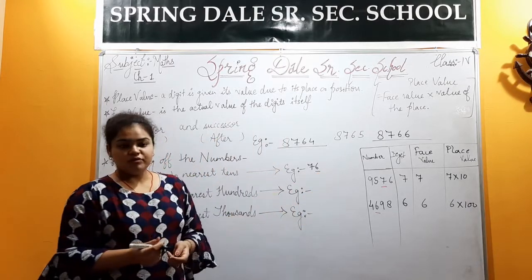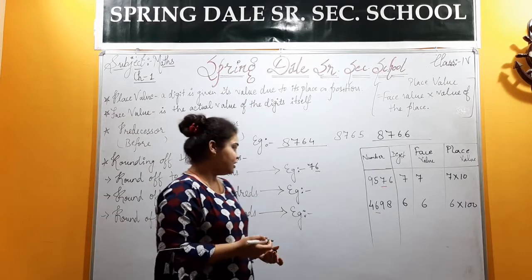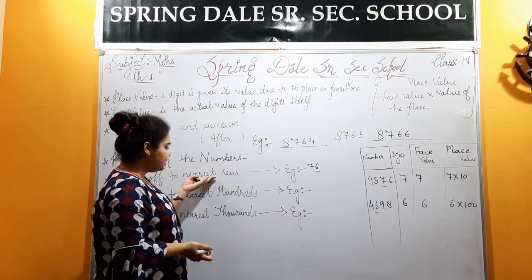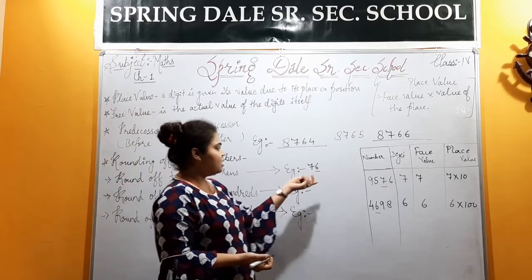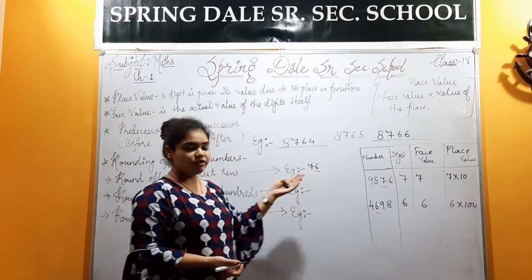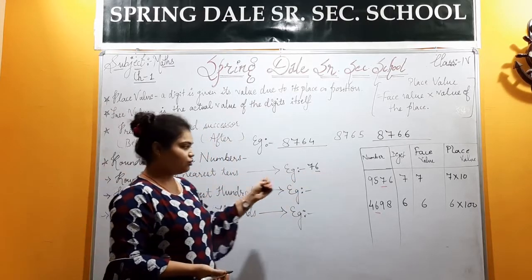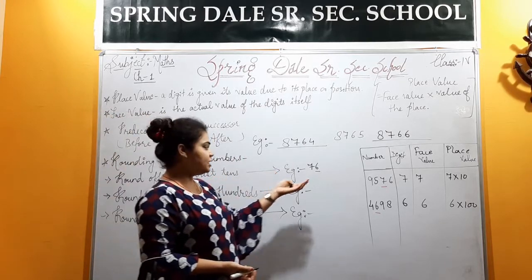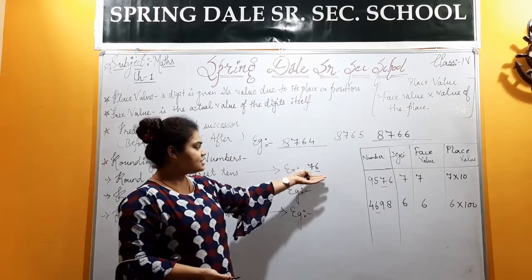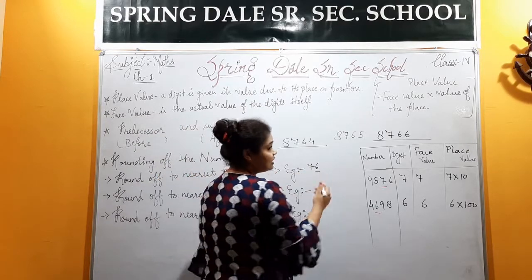For rounding off, what we have to keep in mind is that whether we round off to the tens, hundreds or thousands, we first have to see the place value of the digit we have to look at. In this case, we have to find the nearest tens, so we have to see the ones place. Here it is 6 and it is greater than 5.